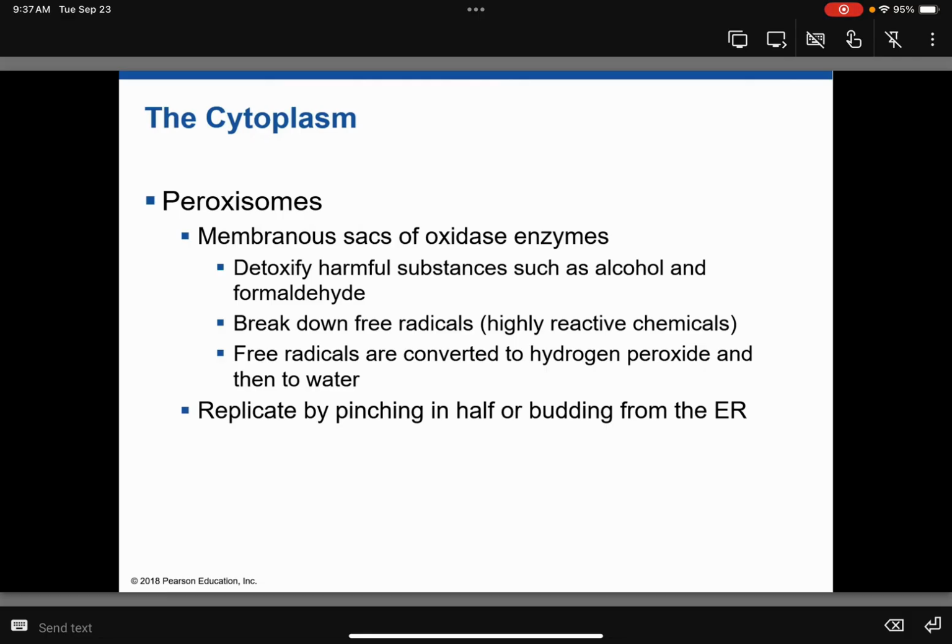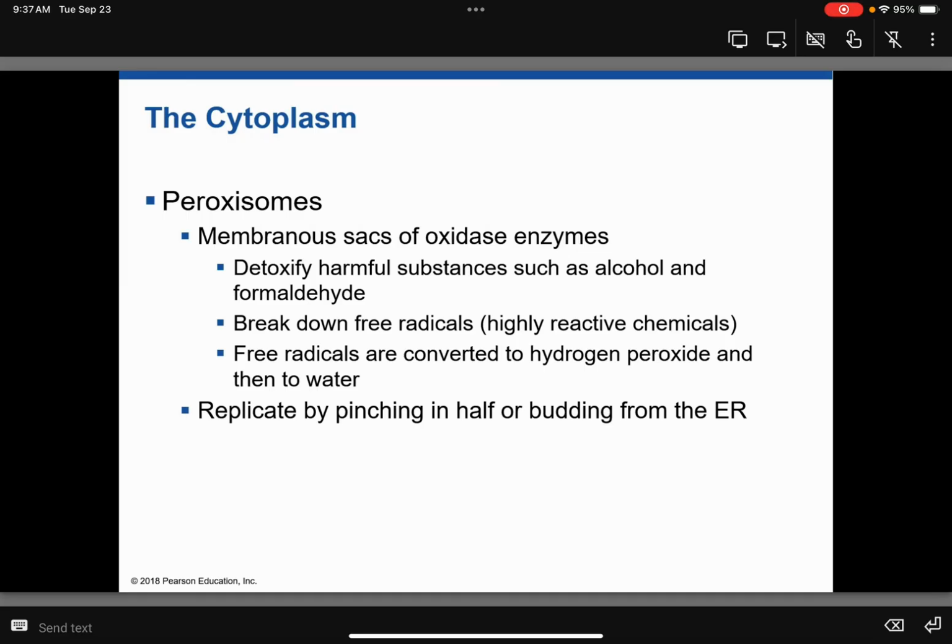It detoxifies those. And it will also break down free radicals, which are highly reactive chemicals. You don't want them reacting with things in your body, so it breaks them down.